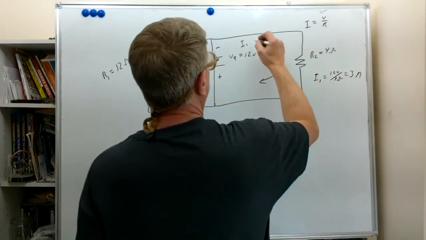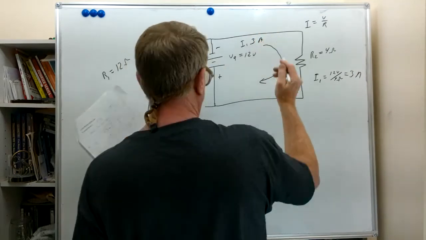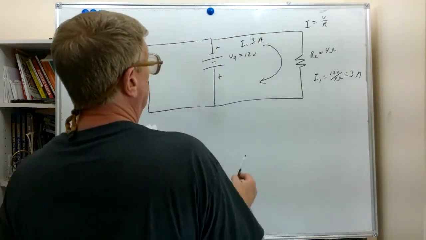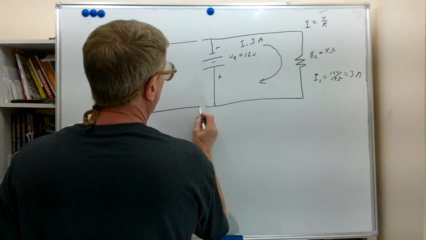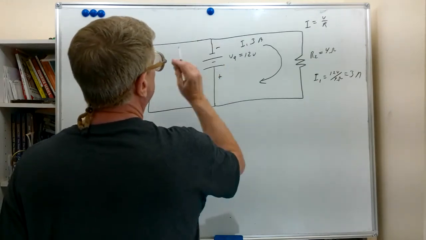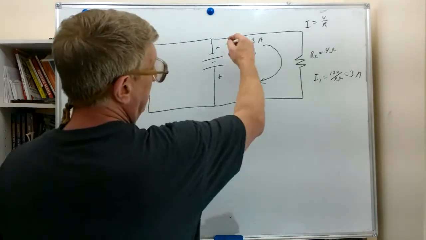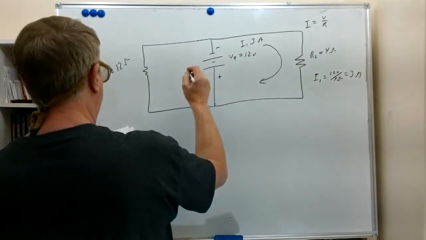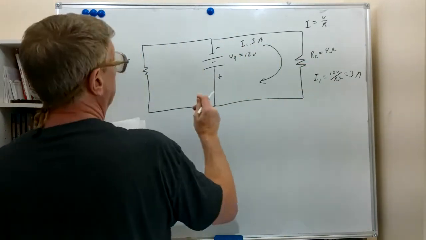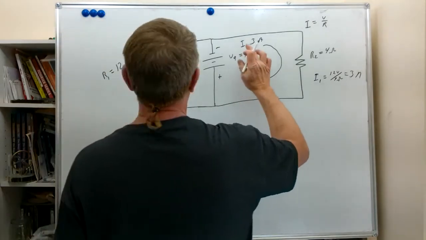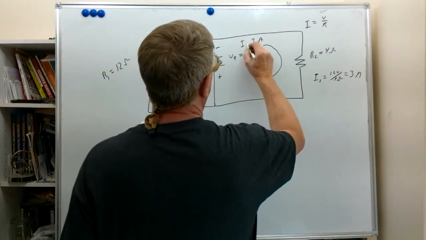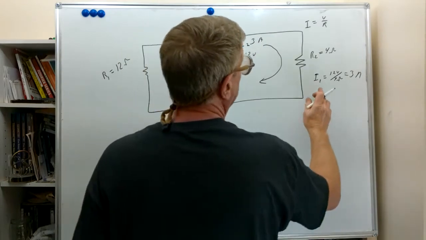So we got 3 amps in this branch. We'll connect this one back up. Doesn't change anything over there. We still have the 3 amps, and it's negative and positive. Now we'll figure out what we'll call this. Well, I want this to be I2. Excuse me, because it's with resistor 2.